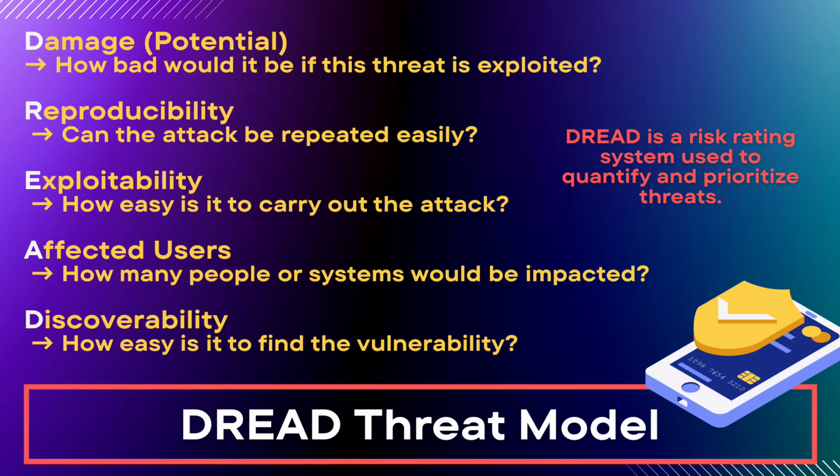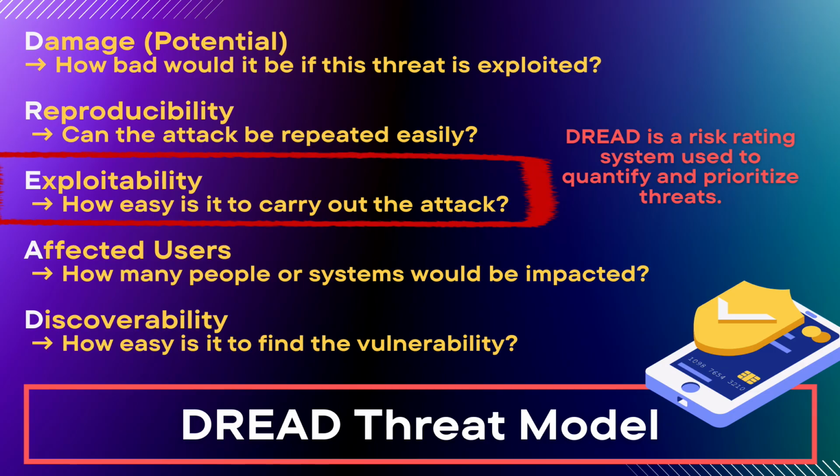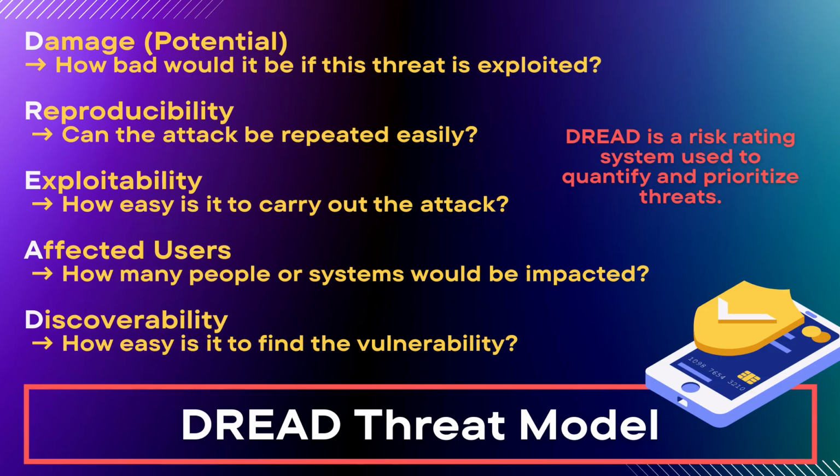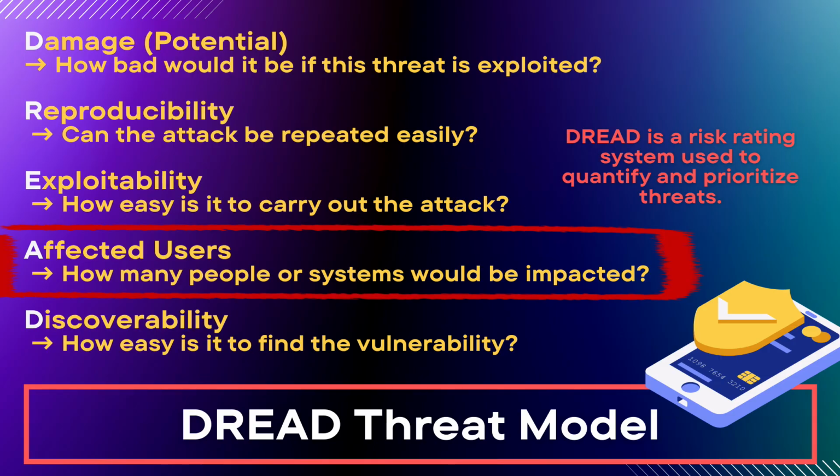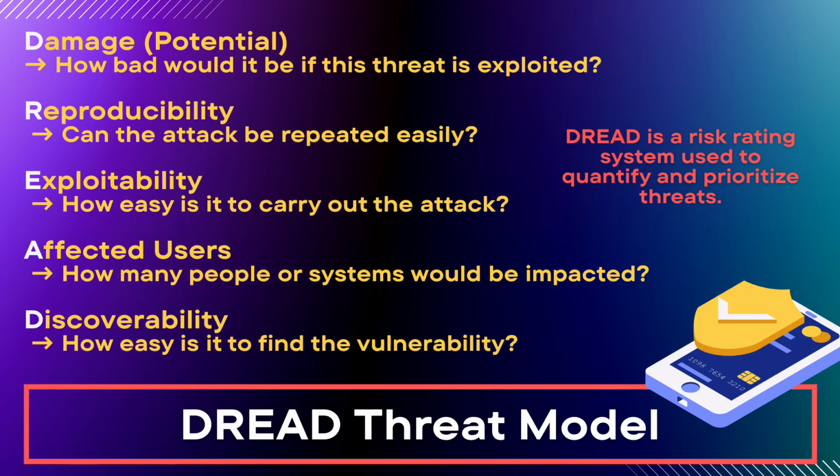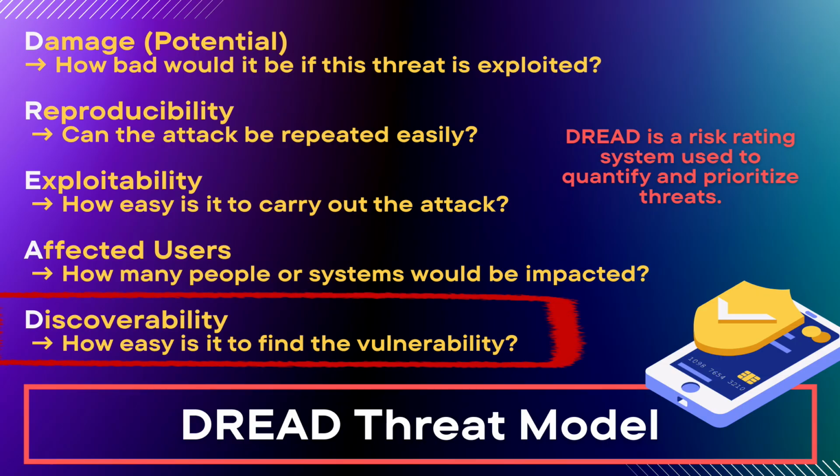The next one is exploitability. This is to answer the question how easy it is to actually carry out the attack. A stands for affected users. How many people would be impacted if this particular attack happens? D stands for discoverability. How easy is it for an attacker to find this weakness?